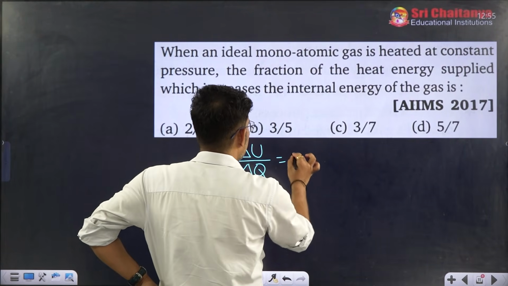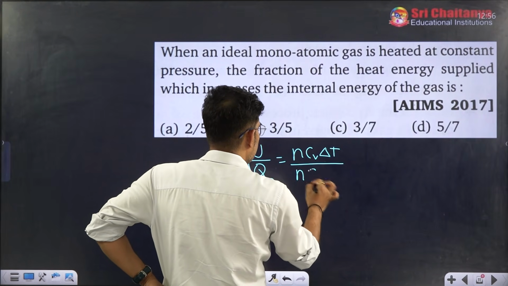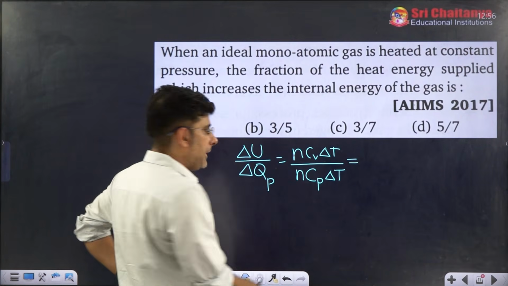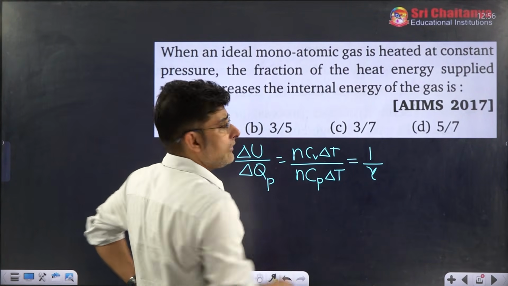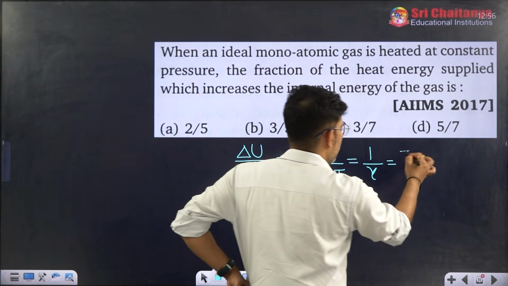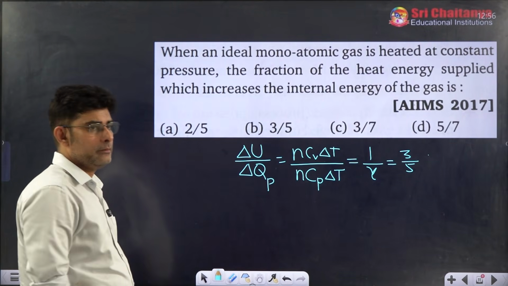So we know delta U formula is nCv delta T and at constant pressure Q will become nCp delta T. So Cv by Cp is 1 by gamma. What type of gas they have given? Monoatomic. Monoatomic we know gamma is 5/3, so 1 by gamma will become 3/5. So B option will come from here. Clear?